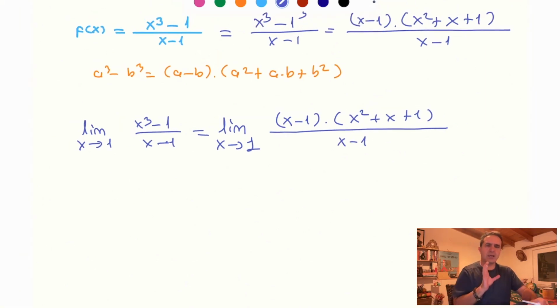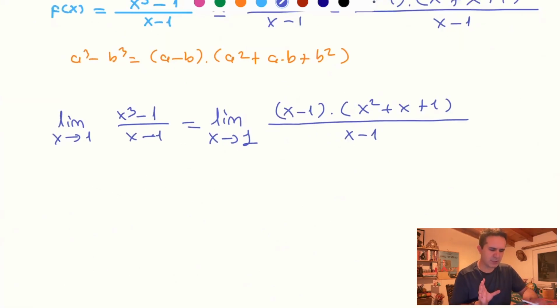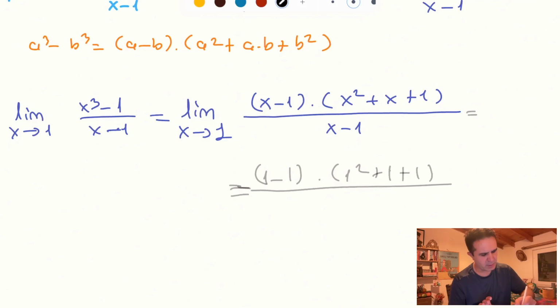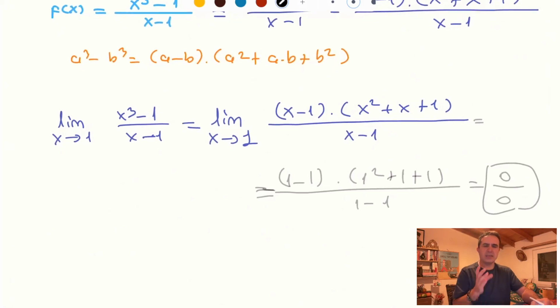Now, if here we substitute 1, we get 1 minus 1 times 1 squared plus 1 plus 1, divided by 1 minus 1, and it is equal to 0 divided by 0. And 0 divided by 0 is undefined.